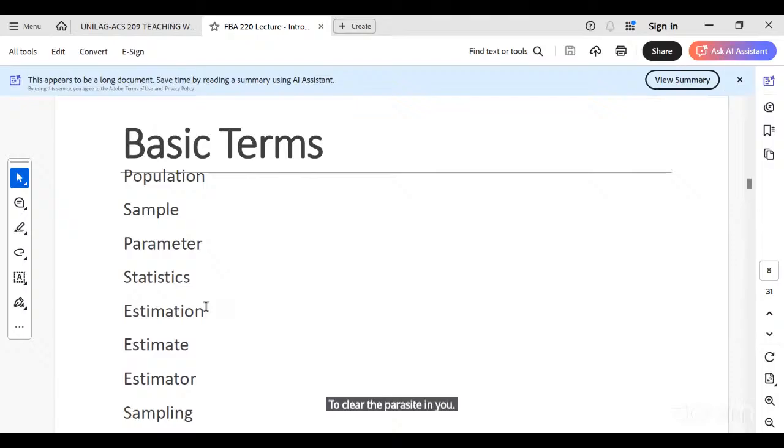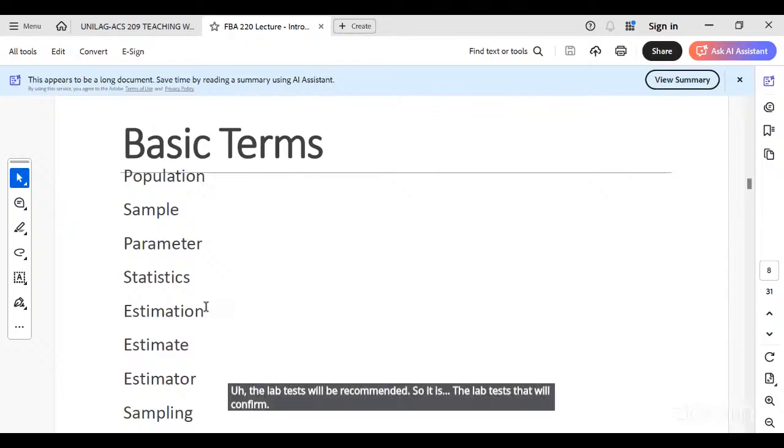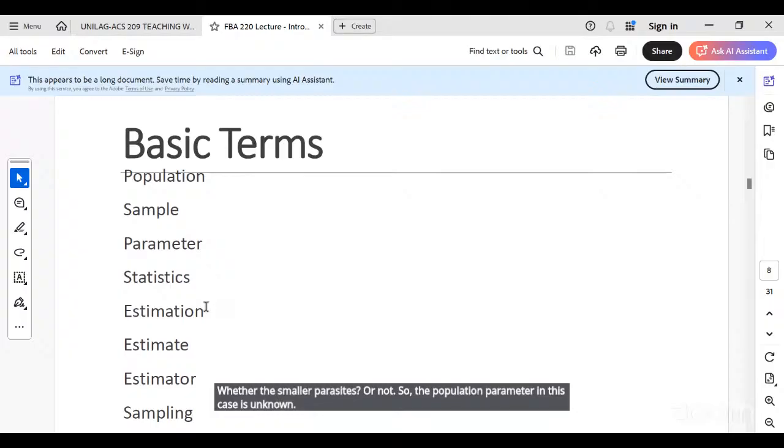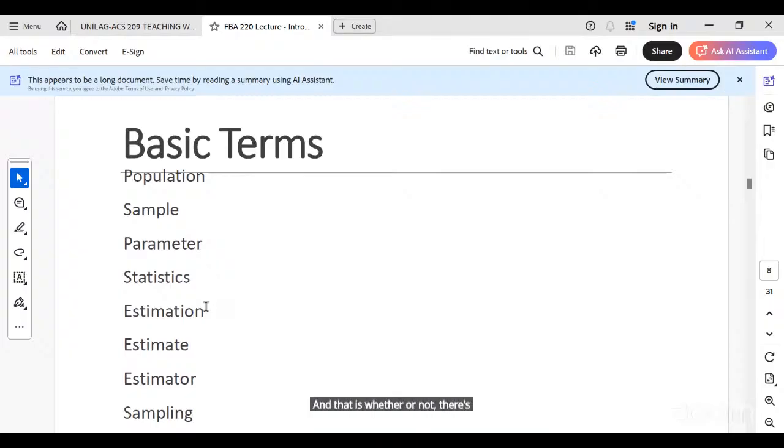But because he is unsure, that will be the reason why the lab test will be recommended. So it is the lab test that will confirm whether there's malaria parasite in you or not. So the population parameter in this case is unknown, and that is whether or not there's presence of malaria parasite in your blood.